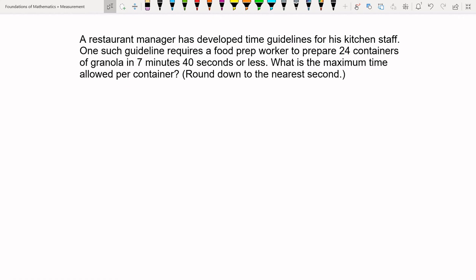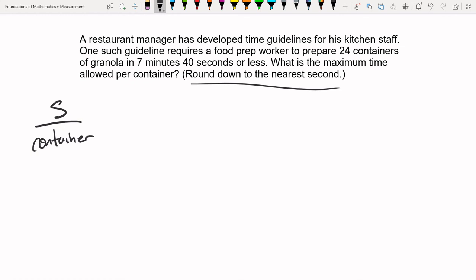We're trying to figure out time per one container. So we need a time measurement on top. It says round to the nearest second, so we're going to say seconds per container.